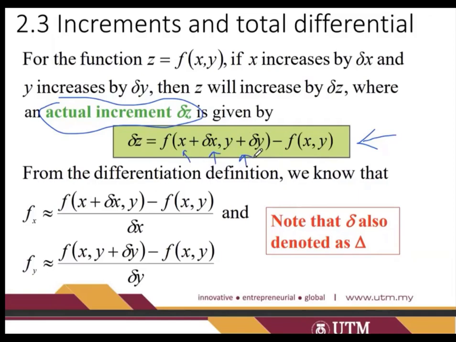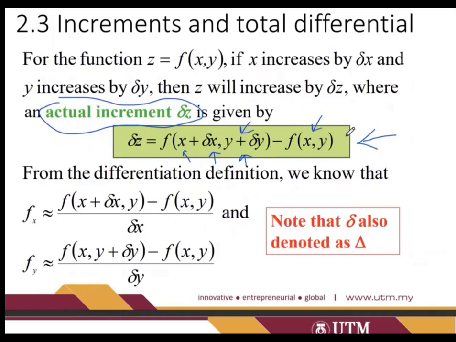Let's say you want to create a box, and you increase the length of x, and increase the length of y. So you will get y plus del y, and then minus the original one, which is f(x,y). This is actually the same like 7 minus 2, you will get 5, something like that.